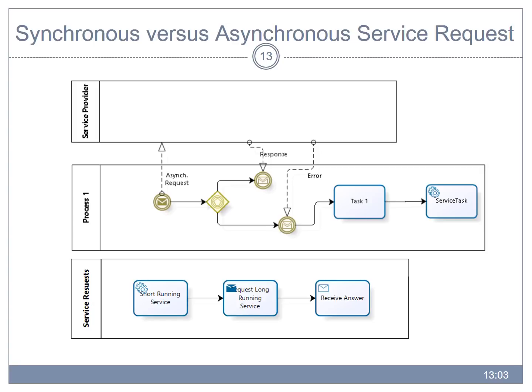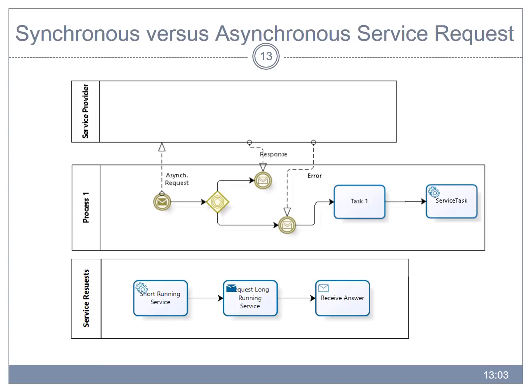Then you can use this event-based gateway to treat the response or the error. And between this and this gateway you can put a number of tasks. Here you have a normal task, and here is a service task where you don't model the communication with the application. You just invoke the application, wait until it finishes, and then proceed.